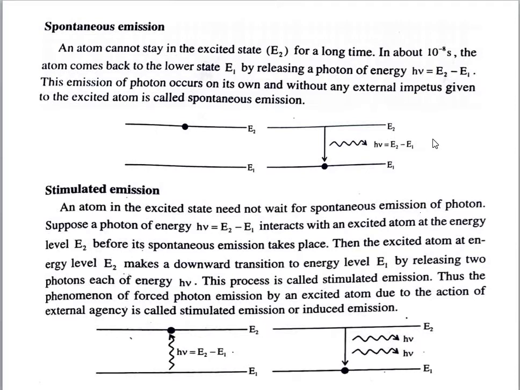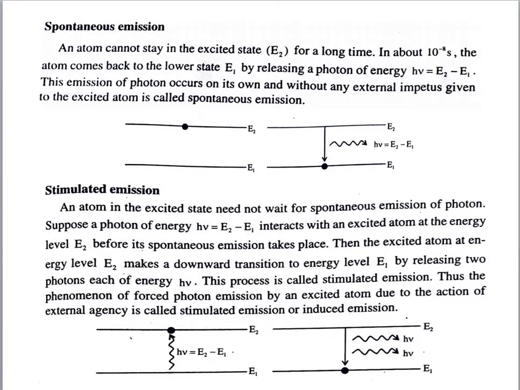Here there is no external photon or anything like that. So this is a spontaneous process, and it is an emission process because electromagnetic energy, h nu equal to E2 minus E1, is emitted. That is the process called spontaneous emission.